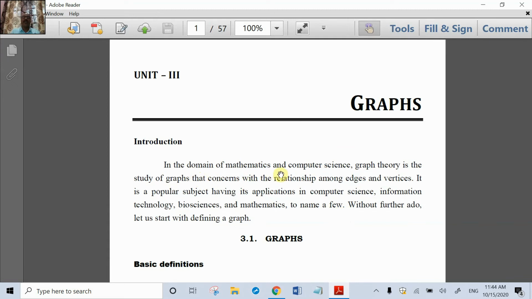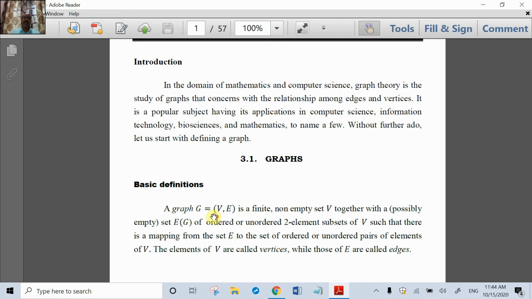In the domain of mathematics and computer science, graph theory is the study of graphs that concern the relationship among edges and vertices. It is a popular subject having its application in computer science, information technology, biosciences, and mathematics, to name a few. Without further ado, let us start with defining graph.